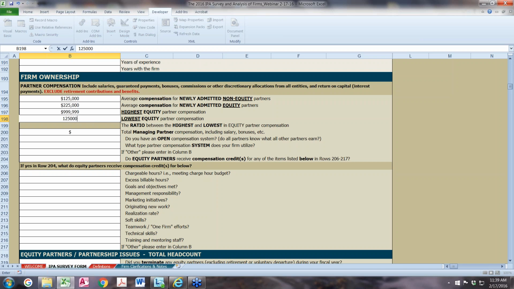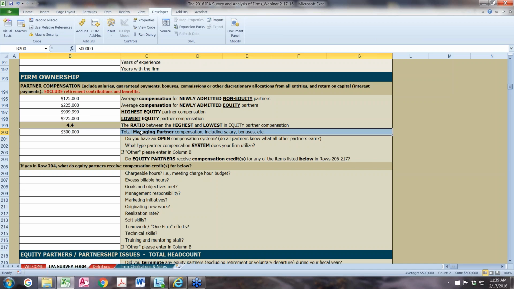In row 200, we're looking for the total managing partner compensation. Just to clarify, total managing partner compensation is the total amount, not the additional amount that the managing partner gets for running the firm.